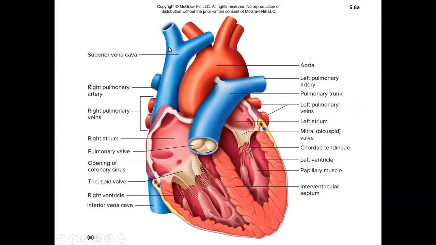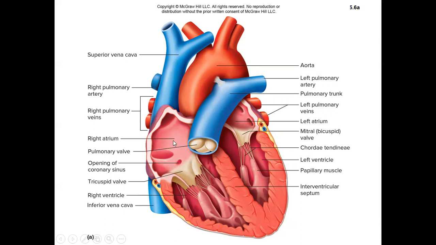So again, blood comes into the heart from these vena cava. This is the inferior, taking blood from the rest of the body. Superior, taking blood from the head and neck, and it's going to come together and dump the blood into the right atrium. So there's this hole here that leads from the vena cava into the right atrium.